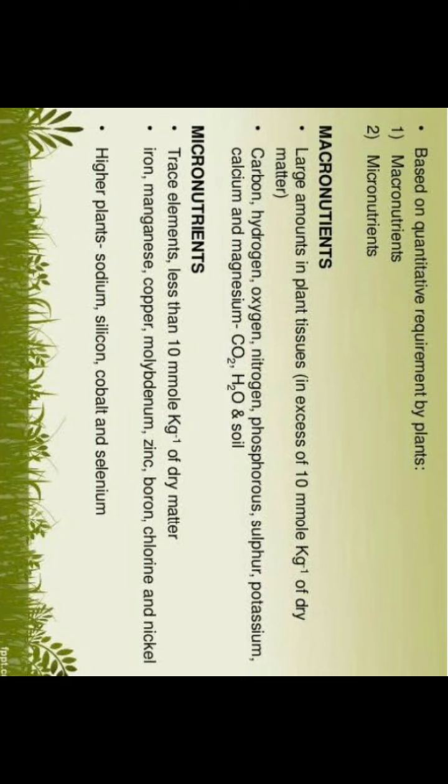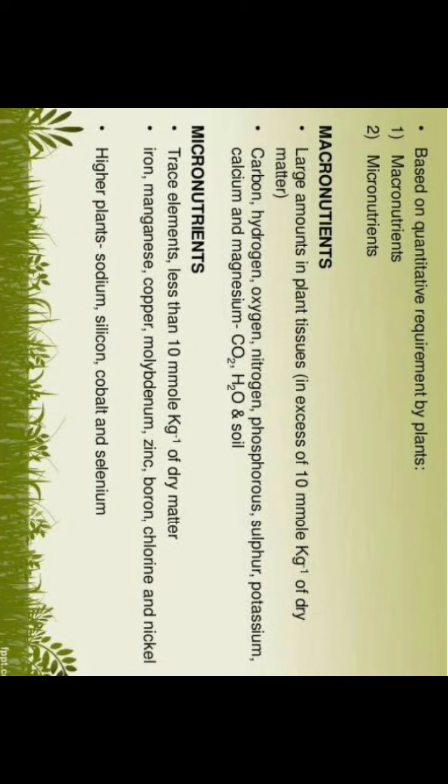Macronutrients are generally present in plants and plant tissues in large amounts, in excess of 10 millimoles per 1 kg of dry matter. The macronutrients include carbon, hydrogen, oxygen, nitrogen, phosphorus, sulfur, potassium, calcium, and magnesium.